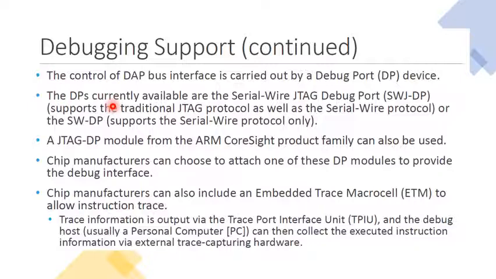The debug ports currently available are the serial wire JTAG debug port, which I showed you earlier, which supports the traditional JTAG protocols as well as the serial wire protocol.